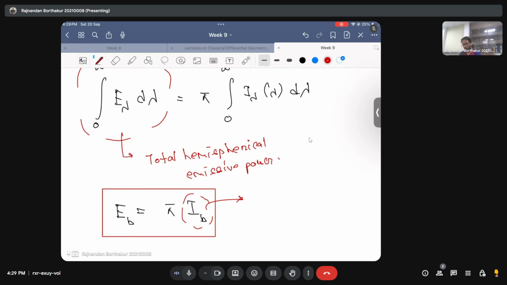That's what we mean by the total hemispherical emissive power.